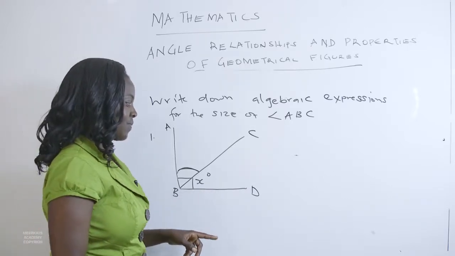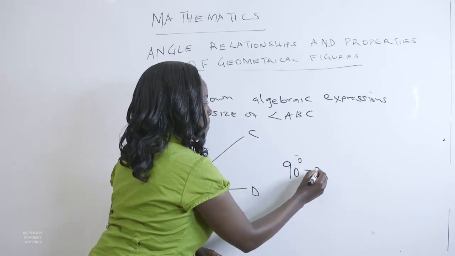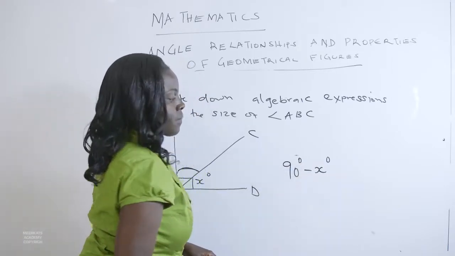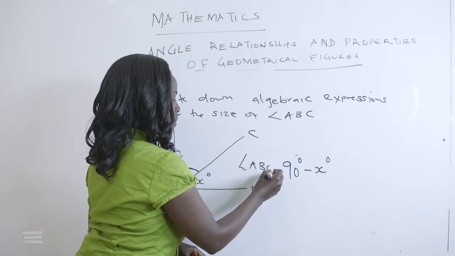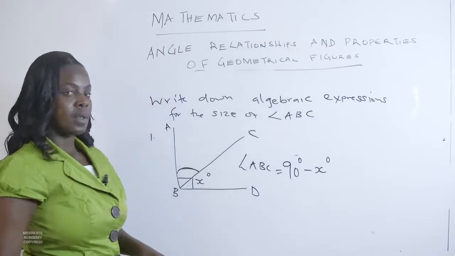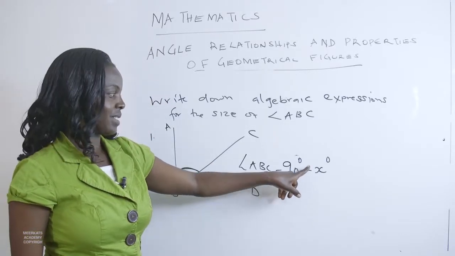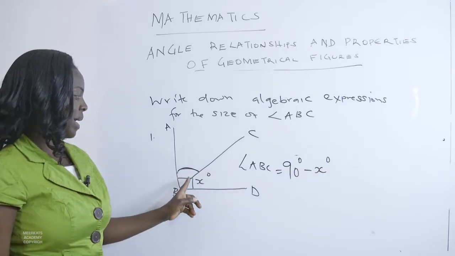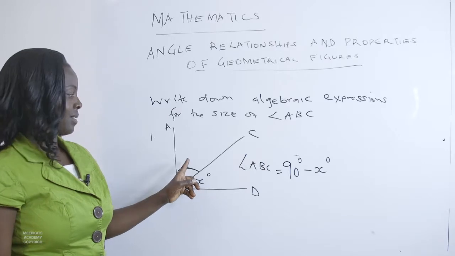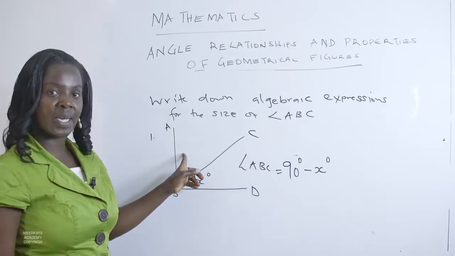So what is the expression? Angle ABC is equal to 90 degrees minus x degrees, because both of them add up to 90. So we subtract x from 90, and that will give us this angle here.